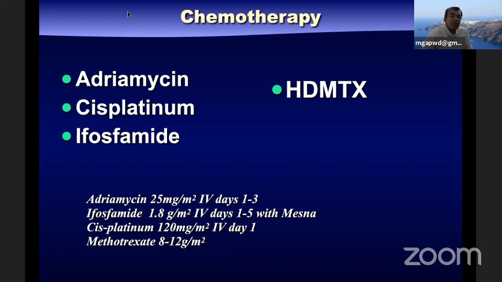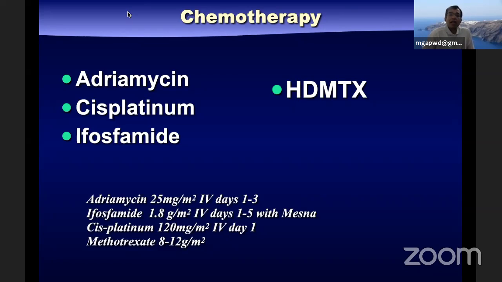In fact, in males, it almost results in permanent sterility or azoospermia in almost everybody. And therefore, our preferred protocol today would be one that uses methotrexate, but a lot of people who can't use it because of cost reasons would use ifosfamide instead of methotrexate.